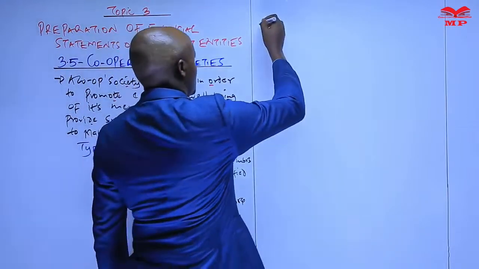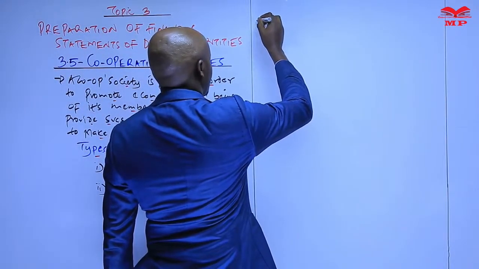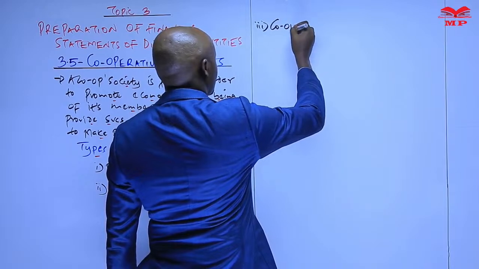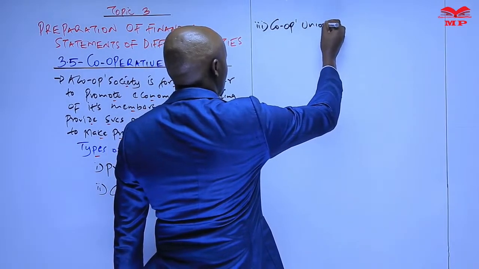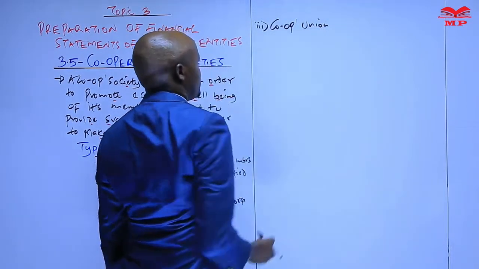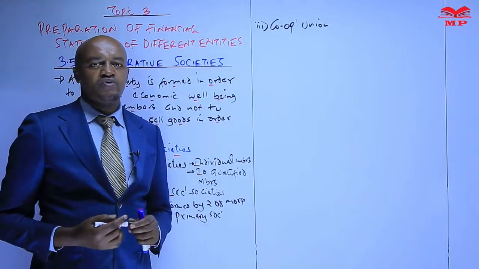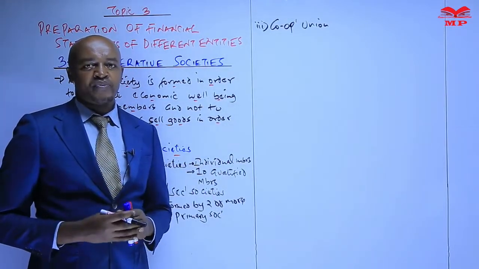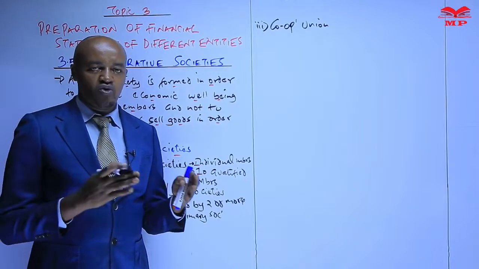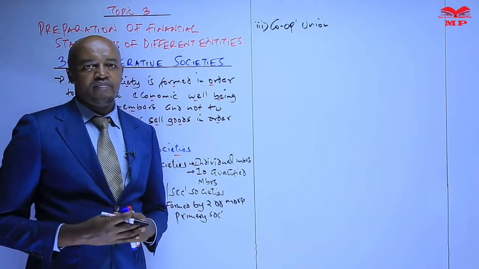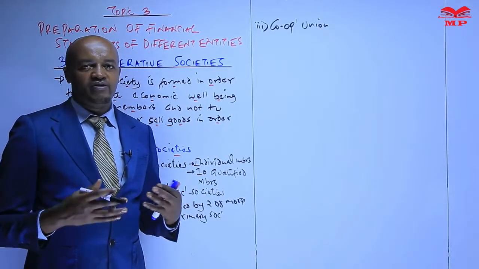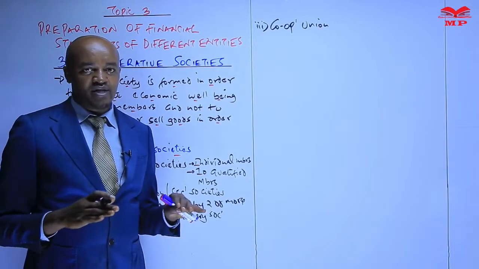Number three, the other type of cooperative society is the apex society. When we talk about it, this refers to that particular cooperative society which is formed at the national level, basically to promote the growth and the development of cooperative unions.